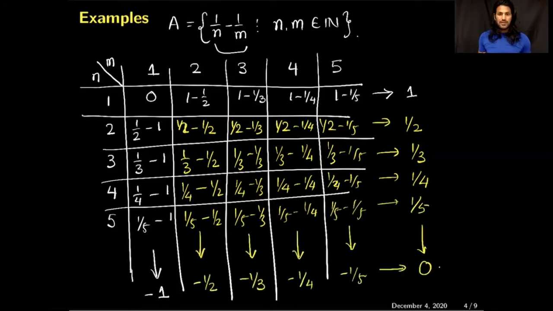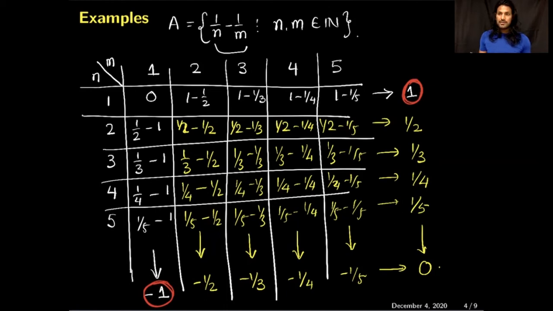So here I have the list of all the elements of this set, and I can observe that all the elements of this set are less than 1, and also greater than -1. So 1 and -1 are an upper bound and a lower bound respectively.